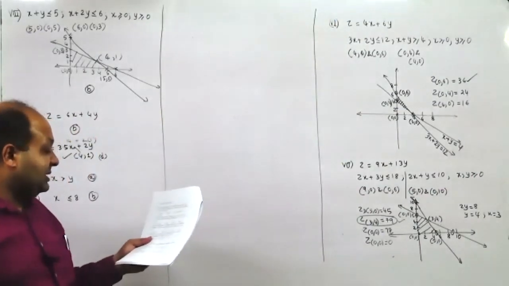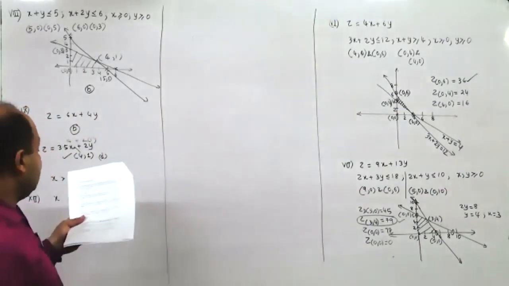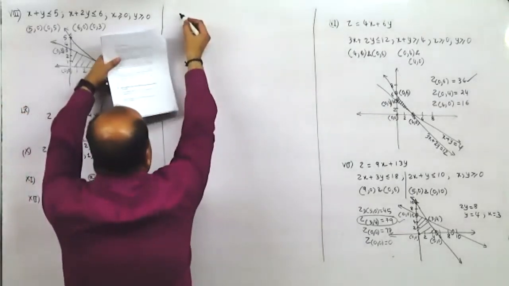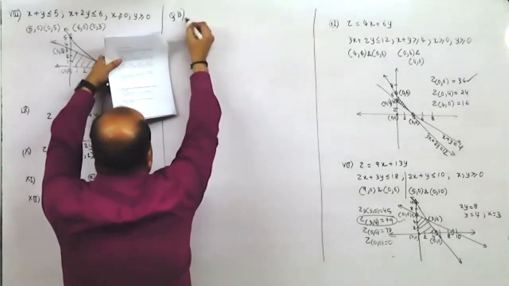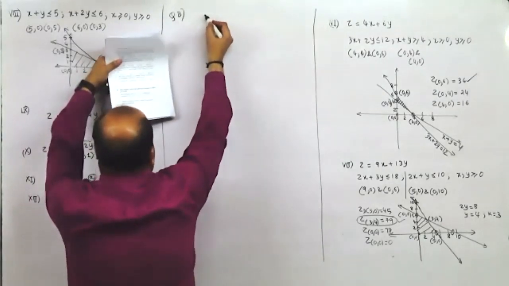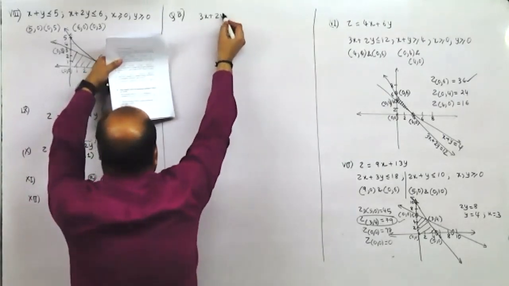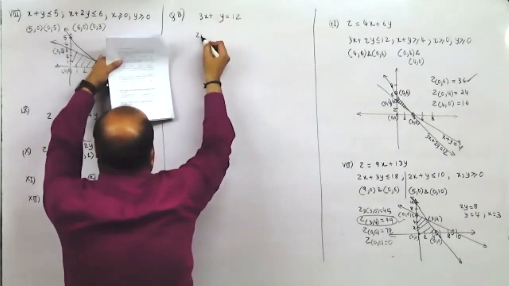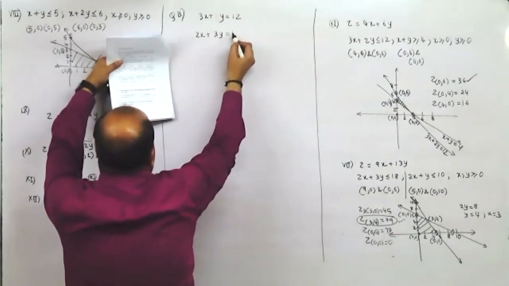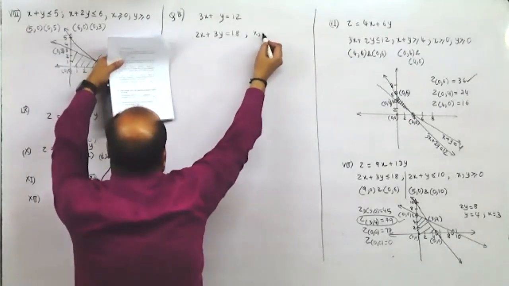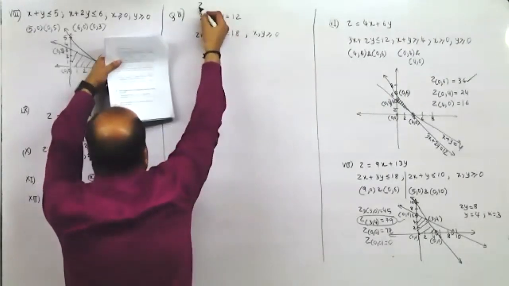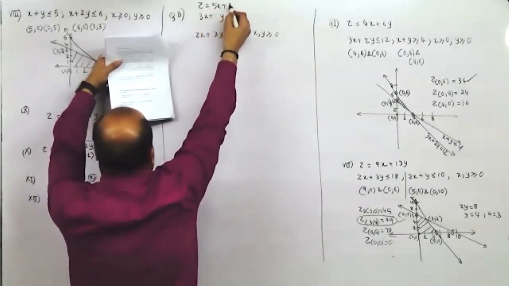Yeah. The maximum value of Z equal to 5x plus 3y, subjected to the constraints. Same here, 3x plus y equal to 12. This is 2x plus 3y equal to 18. X and y is greater than equal to 0. Now Z is 5x plus 3y.